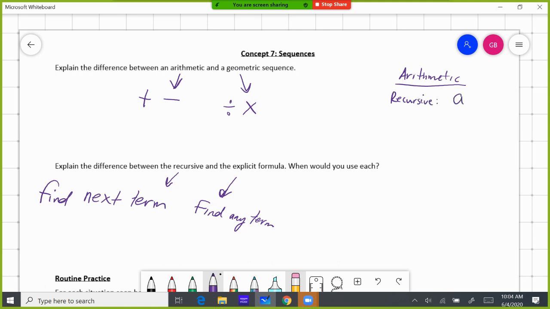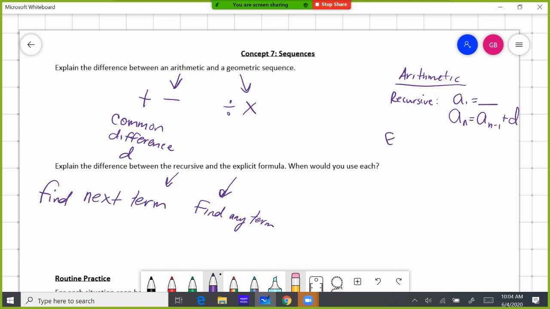You need to state the first term, whatever it is. And then to find the next term, you use the previous term and you add the common difference. So remember, D is for common difference. I'll write that here, common difference. And we use the letter D.